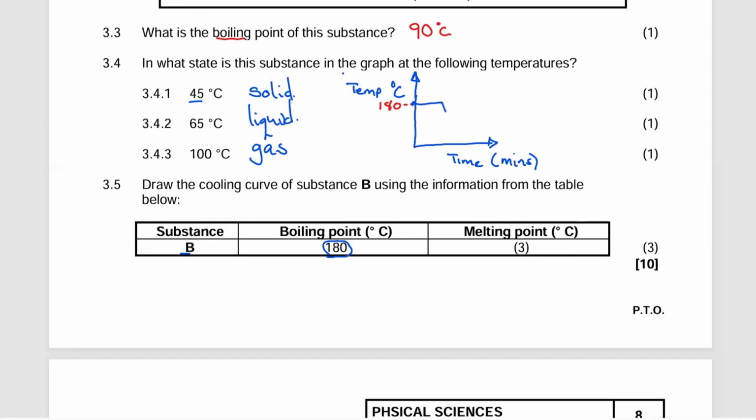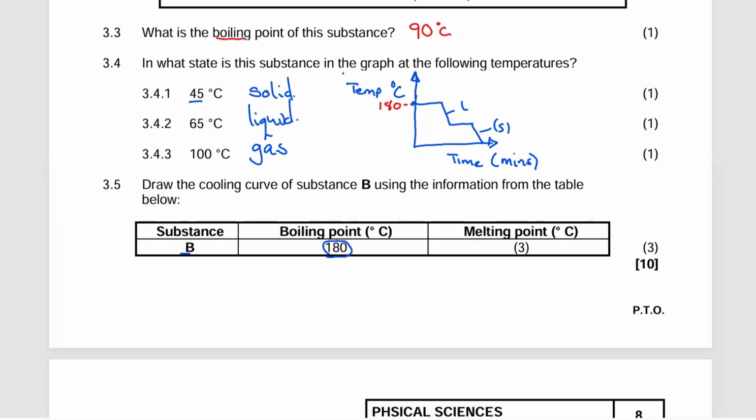So we are to draw the cooling curve. If we're drawing a cooling curve, we're going to try and include all these changes in phase. It was first a gas, then the second part forms a liquid, then the other part forms our solid.